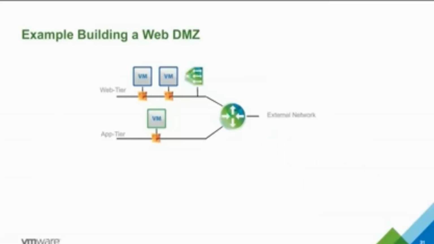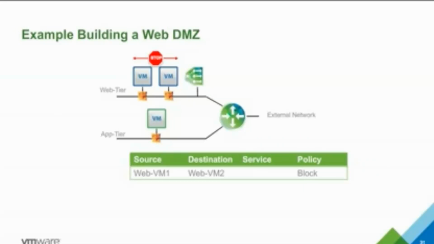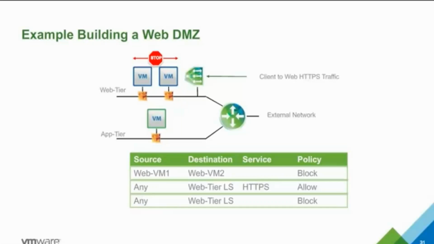So an example here would be I have 2 VMs on the web tier VLAN, let's say, and I want them to be able to talk to the load balancer, and I want them to be able to talk port 80 or 443 or whatever out to the internet, but I don't want them talking to each other, because I don't want it to be that if somebody does a buffer overflow on one of my web servers that they can then move laterally with a poison ARP attack or something, which is really easy to do.